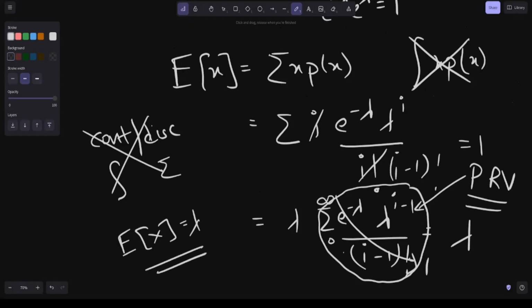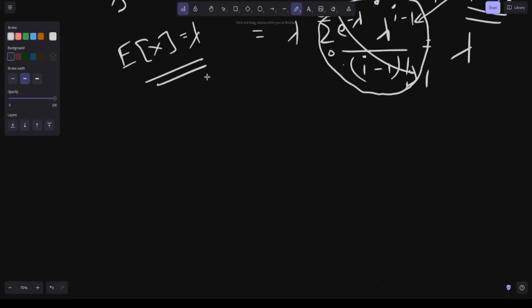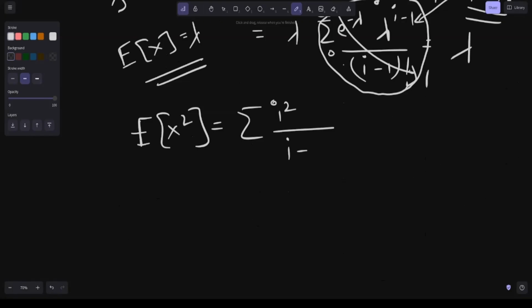Okay, now let's talk about the variance. For the variance, we first find E[X squared]. E[X squared] becomes the summation of i squared by i factorial, e to the power minus lambda, lambda to the power i.